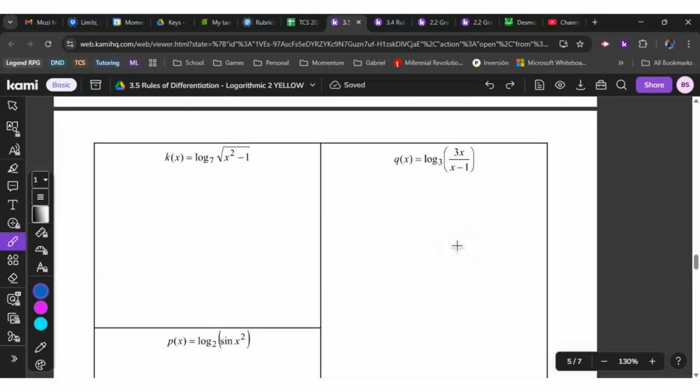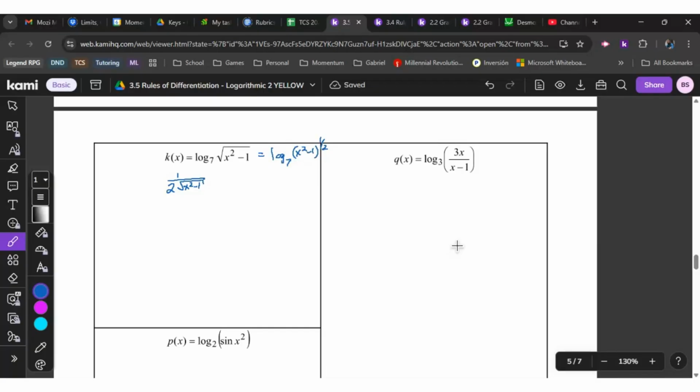Okay? So, I'm going to think about rewriting this as log base 7 of x squared minus 1 to the power of a half. Okay? So, the derivative of that thing up top is going to be 1 over 2 times the square root of x squared minus 1. Why? Because I know that 1/2 minus 1 gives me negative a half, so I'm going to just slam it at the bottom right away.